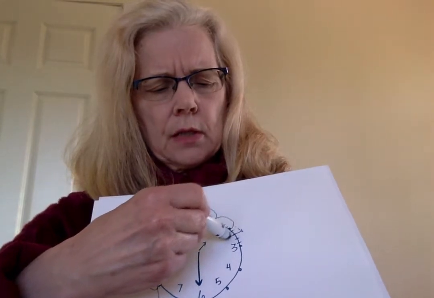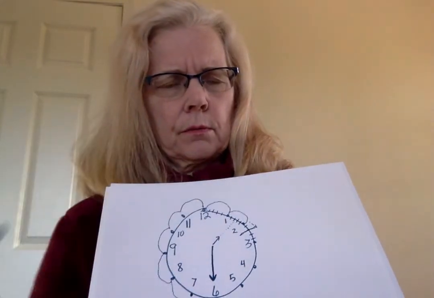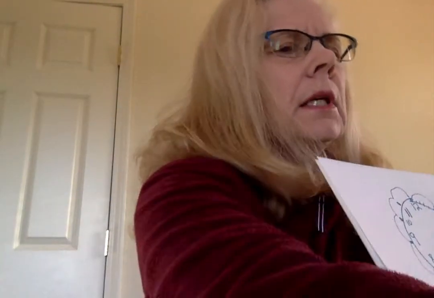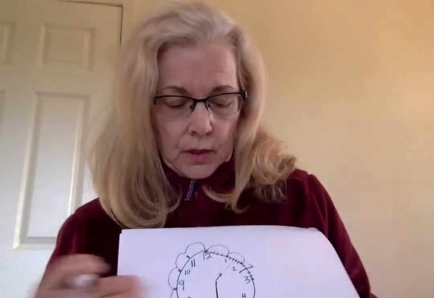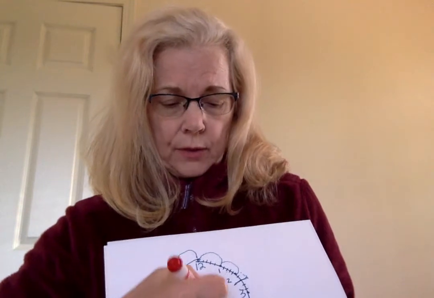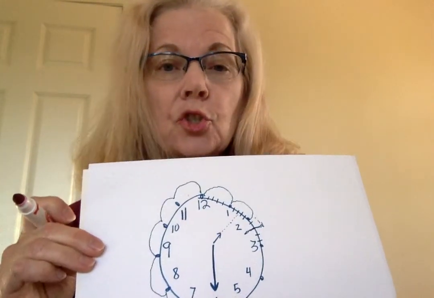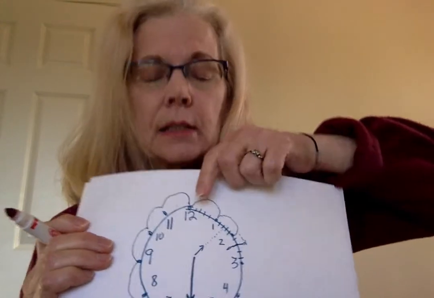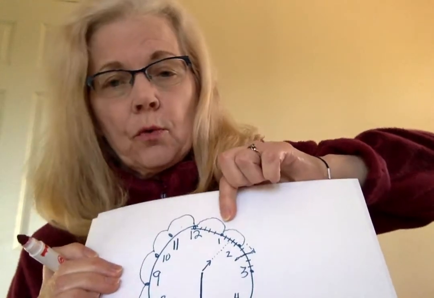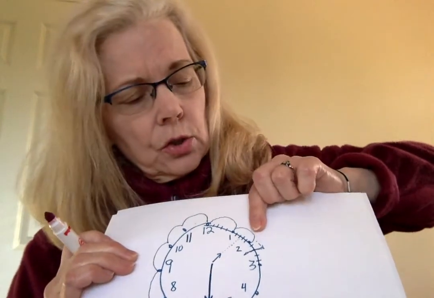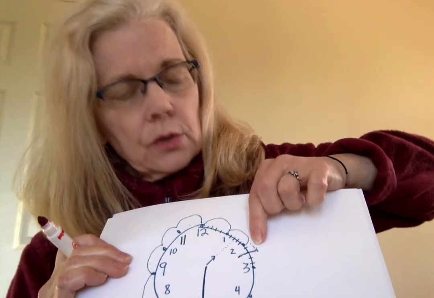This is where I stop. Now, we have to think about this because we went half of an hour, 30 minutes, and instead of 1:30, now it's 2 o'clock. And 5 minutes after that is 2:05, 2:10, 2:11, 2:12.